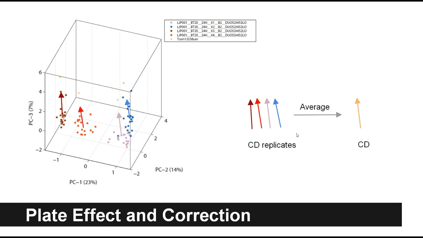So for each experiment, we will have what we call CD replicates. If it has 4 replicates, we will have 4 CD replicates. We simply average the CD replicates to get our final direction that represents the experiment's differential expression signature.